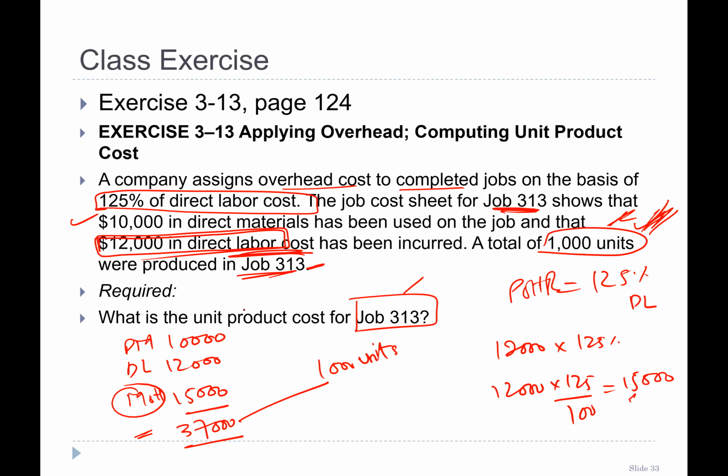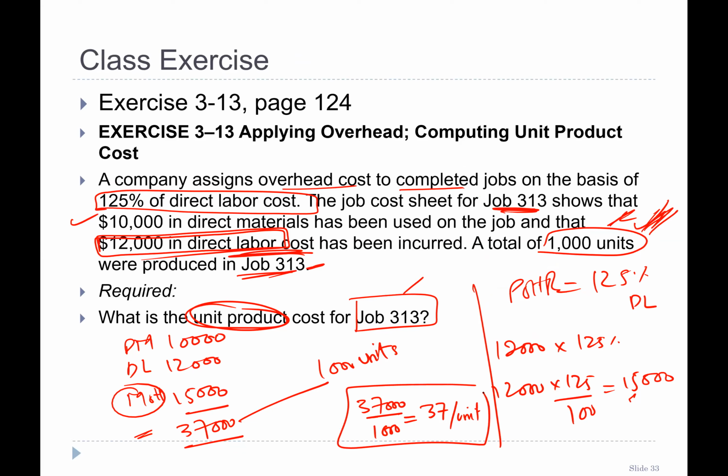So what is the per unit cost? Unit product cost: 37,000 divided by 1,000. The answer is 37 per unit. Minsu, yeah, I got it. Understand? Yeah. Okay.